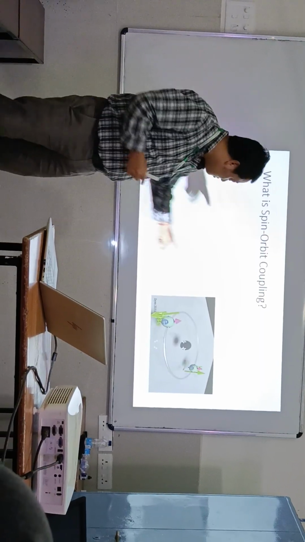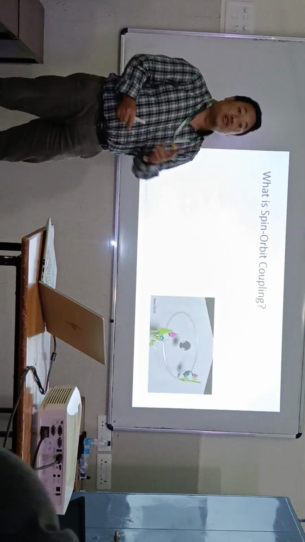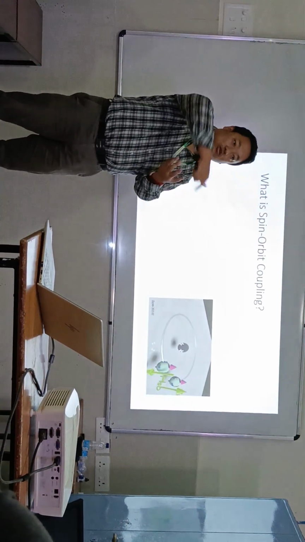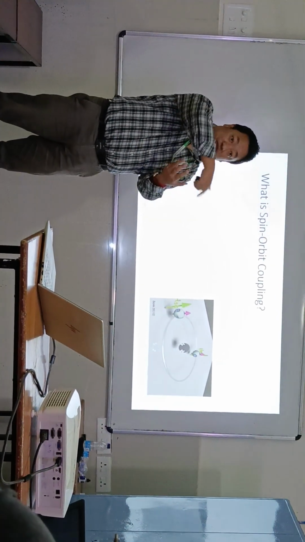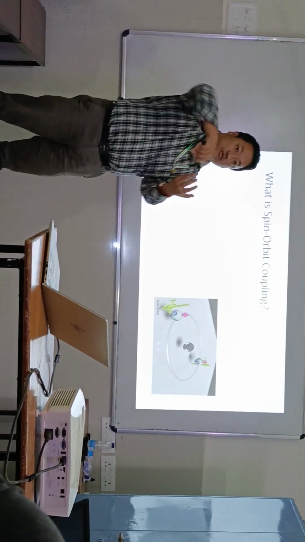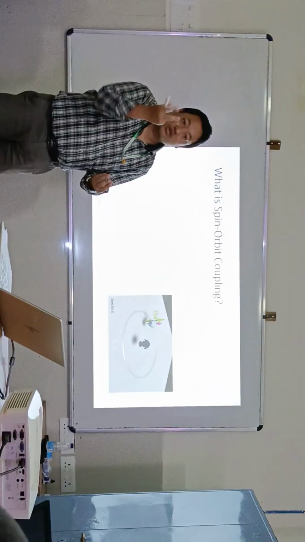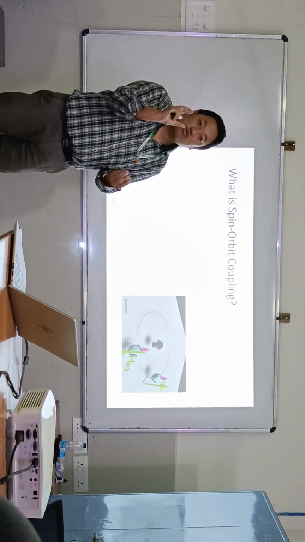Now, you see there are two types of magnetic field developed. One is the internal magnetic field, or orbital magnetic field, developed by the motion of the electron around the nucleus. The other is the electron spin magnetic field, which is because of the electron spinning clockwise and anti-clockwise.